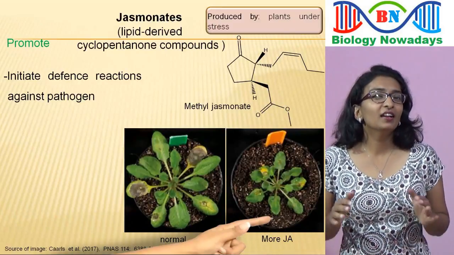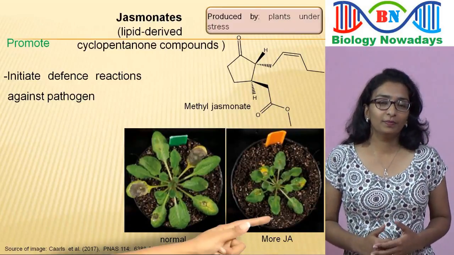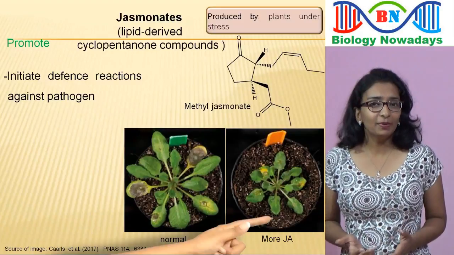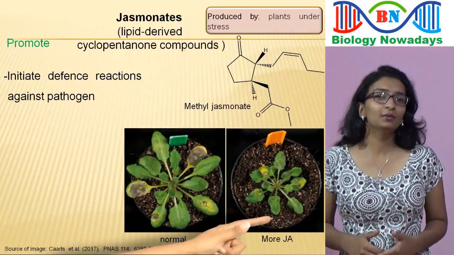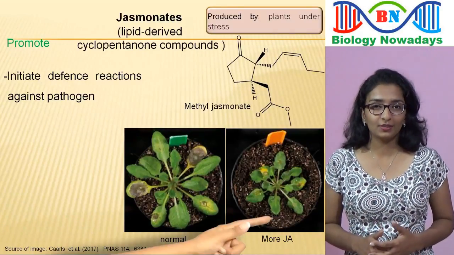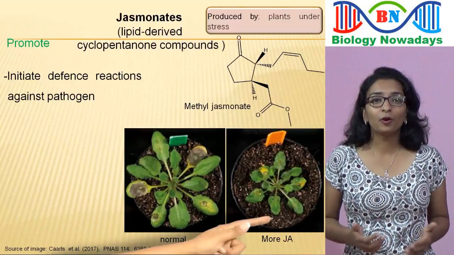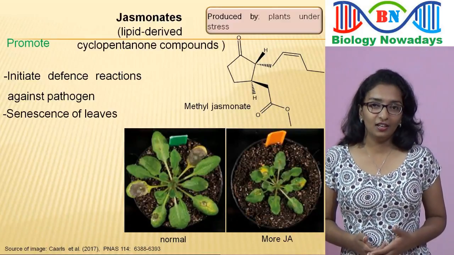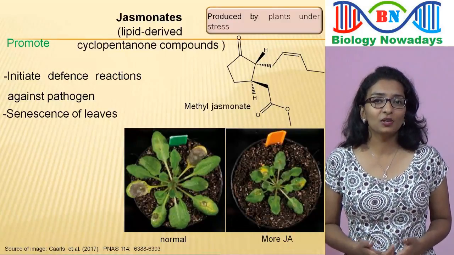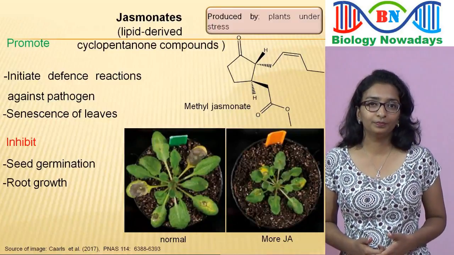However, it showed less growth than the normal plant. This is because of the growth inhibitory effects of jasmonates. Jasmonates promote senescence of leaves. They inhibit seed germination and root growth.